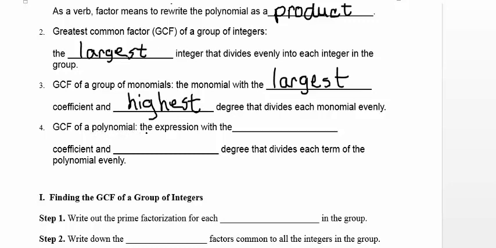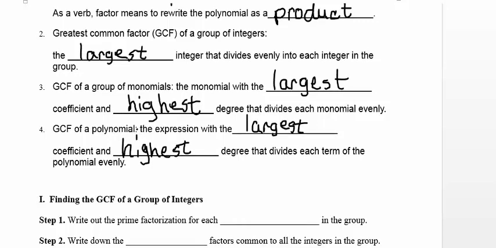The GCF of a polynomial is the expression with the largest coefficient and highest degree that divides each term of the polynomial evenly.